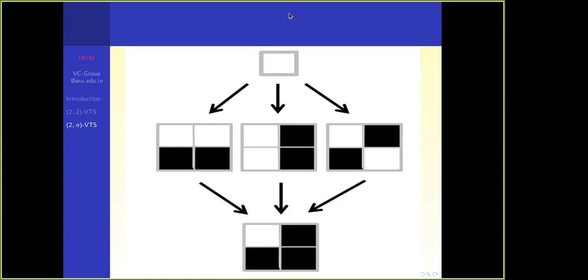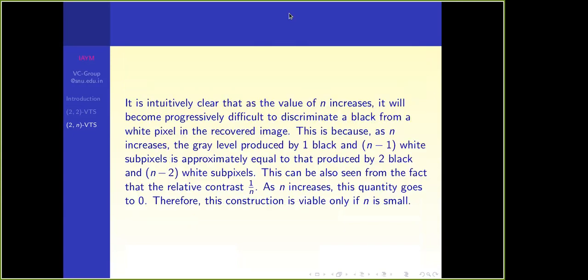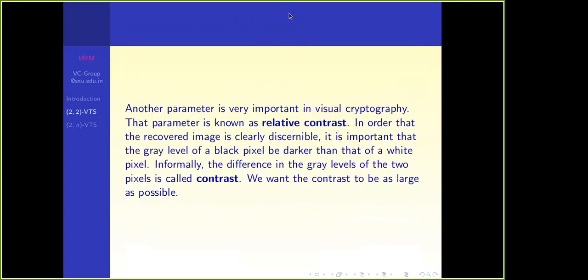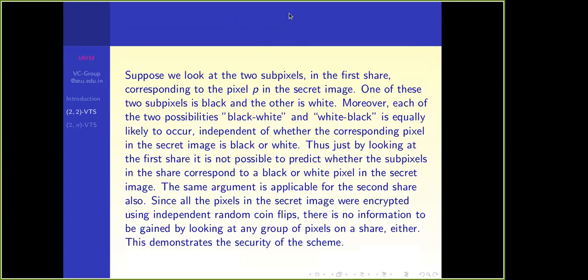But an independent single person, how do you know whether it is related to a black pixel or a white pixel? The image is not at all clear, completely 100% nothing known. If you can manage all shares, then he can construct it. But all together come, then obviously yes. But it is assumed that they have secret about it.